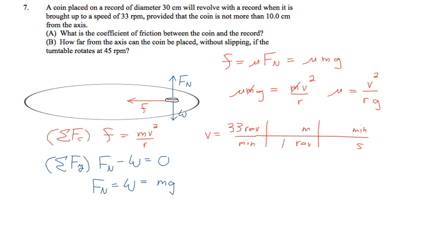Because it's going to move through the circumference of the circle, and the formula for the circumference of a circle is 2 pi r. So I have to put in the r. If it's 10 centimeters, what do I need to put in there? 0.10 meters, because it has to be in meters per second. And then one minute is 60 seconds. If you solve this, this is going to give you the v. And what does that work out to be?